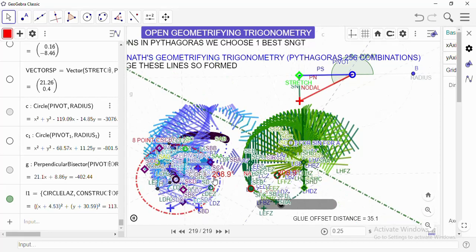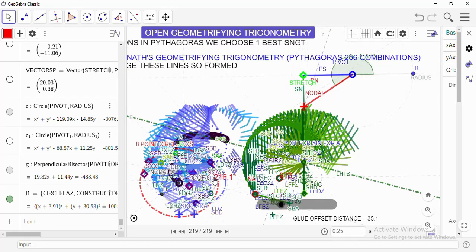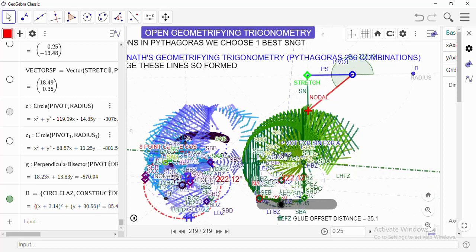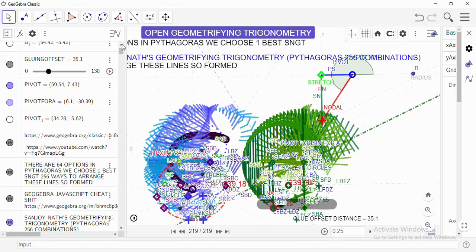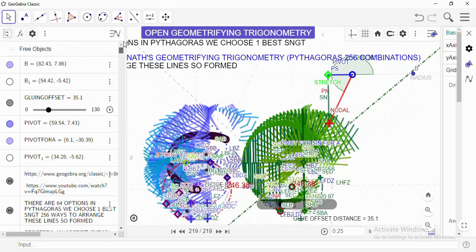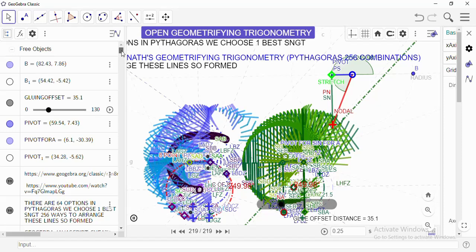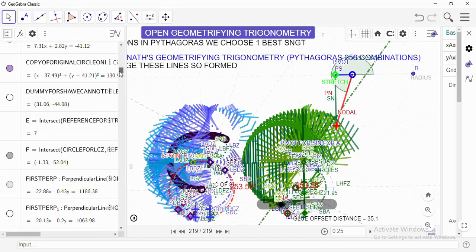I have kept the tracing there so that you can understand it, and with these changes of configuration you will understand that all line segments are taking different positions every time, and the configurations are also changing.